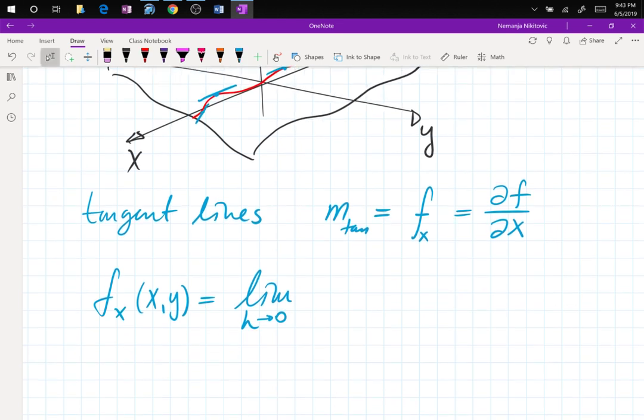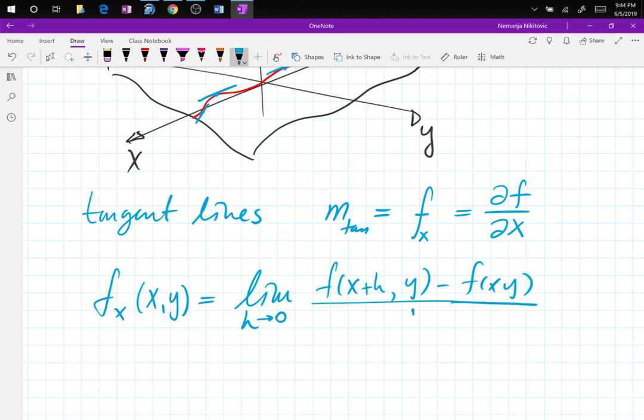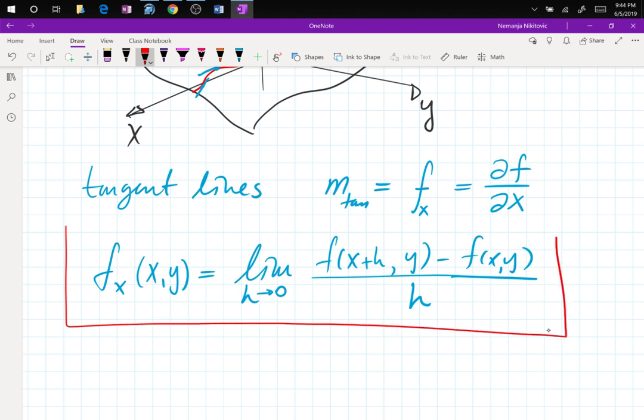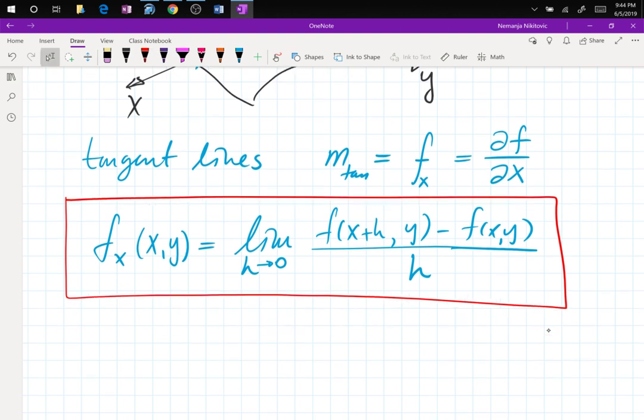And now you remember the f of x plus h? Well, you still have f of x plus h, but now you have comma y as well. So we have f of x plus h comma y minus f of x, y divided by h. So this is your partial derivative in the x direction.